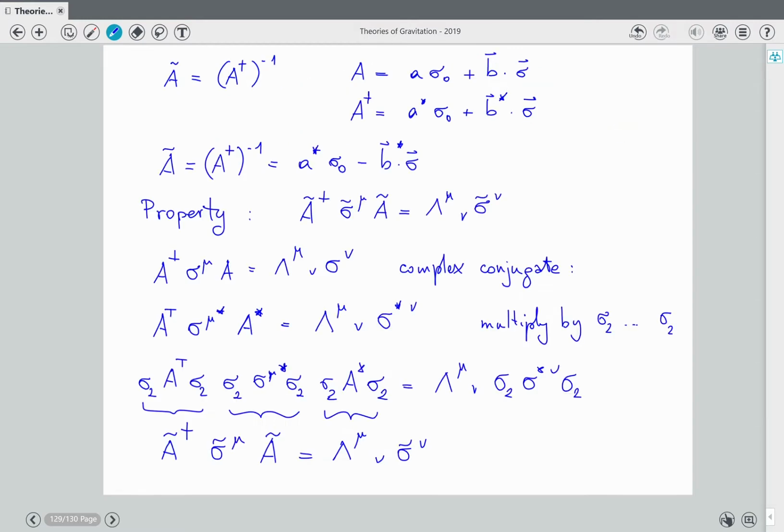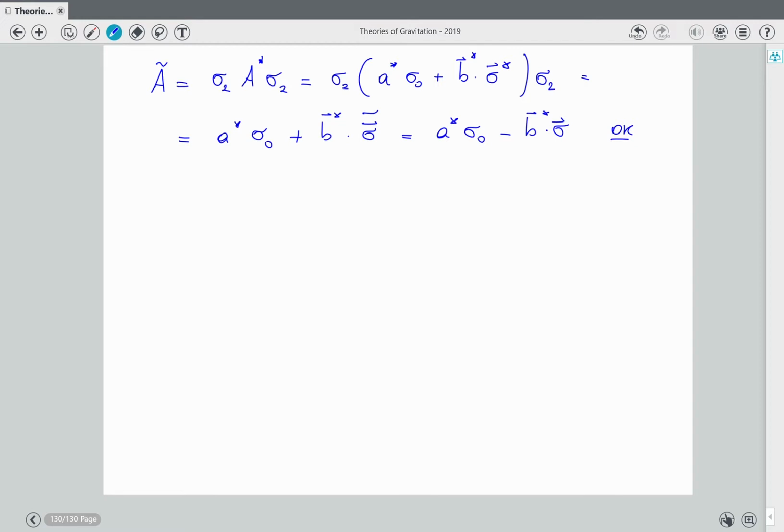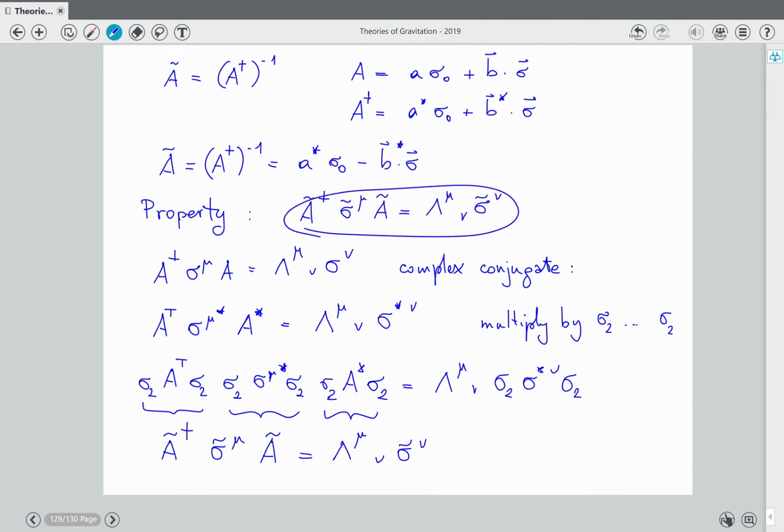So once we have the first property, you have also the second property, and that is what makes everything work, because now we can check that these two, this one and the one with no tildes, get the right transformation for the gamma matrices.